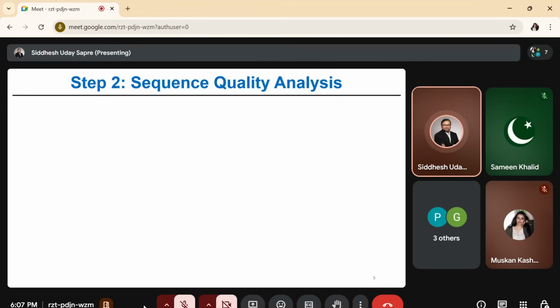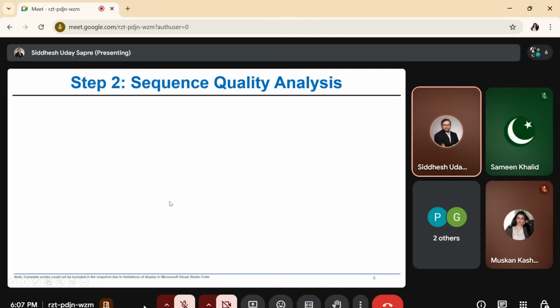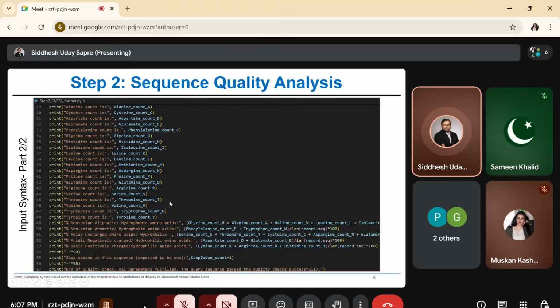Step 2 was sequence quality analysis. I couldn't fit the whole code in one PowerPoint slide. Anyway, this will be on GitHub, but this is just to briefly show how it was done. This is part 2 of the input syntax for the code.